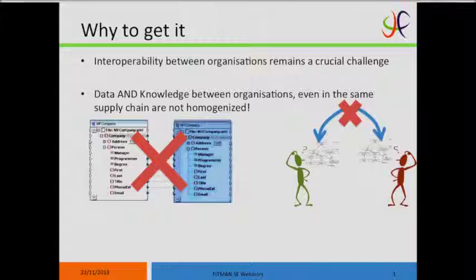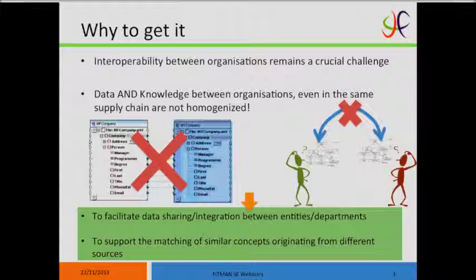So you will seldom find two organizations that share the same XML documents, have the same XSD schemas, and when it comes to people talking with each other that come from different organizations or even from different departments of the same organization, then the concepts that they refer to might have differences in semantics. So it's very difficult to have a homogenized view of data and knowledge.